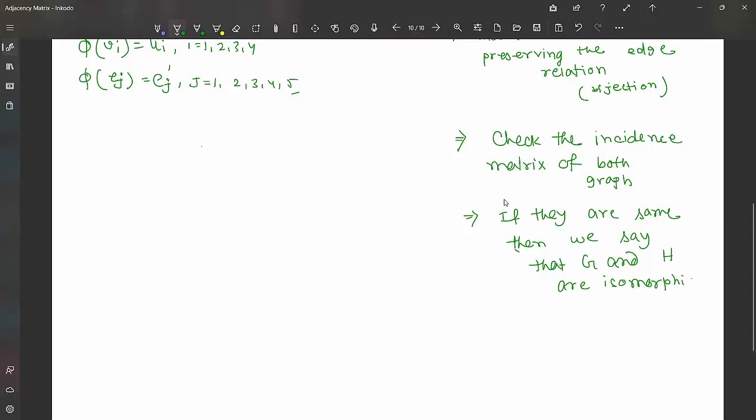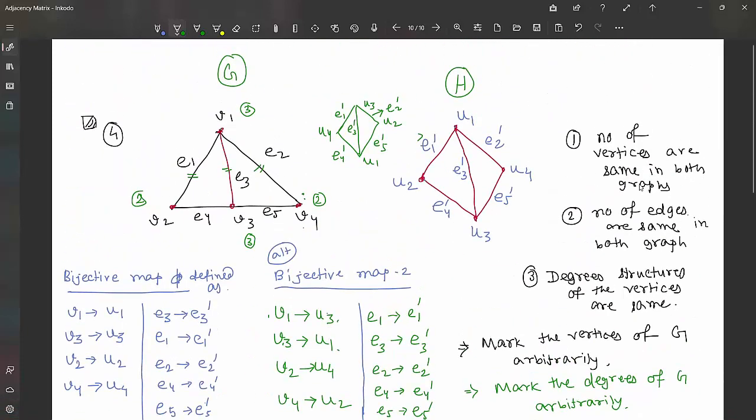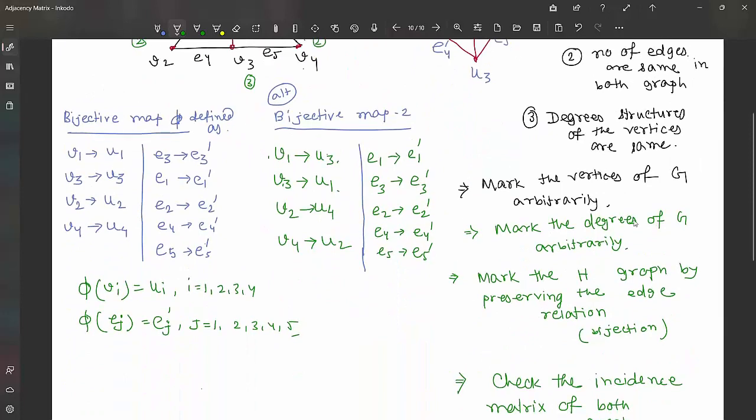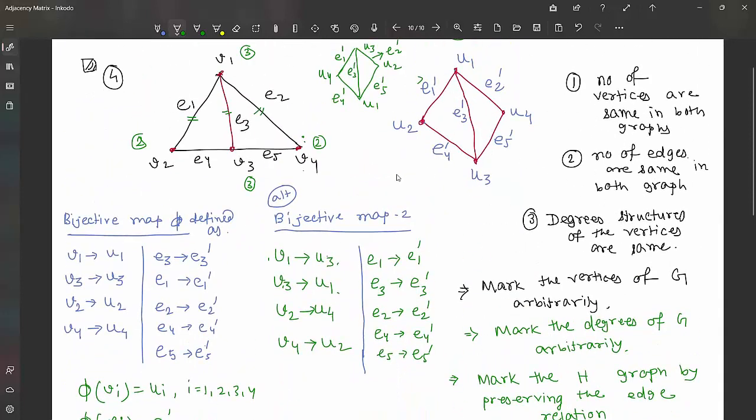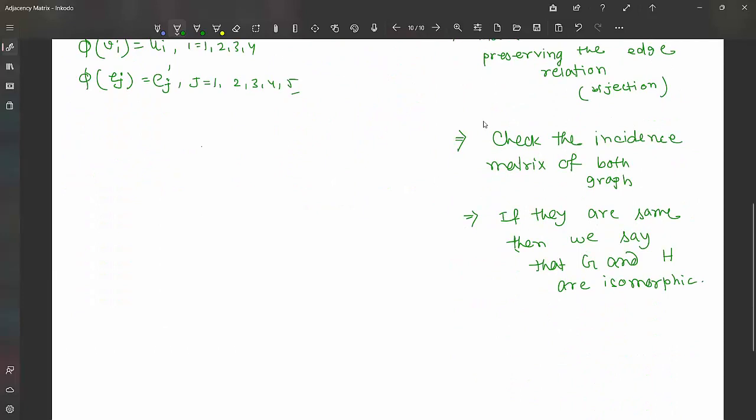So that's the next process. From where we start, first check the number of vertices, then check the number of edges, then check the degree structure of both graphs, whether they are alike. Then we go to the next step, which is defining the bijective map. So we define one bijective map in this way so that the incidence matrices will be the same.